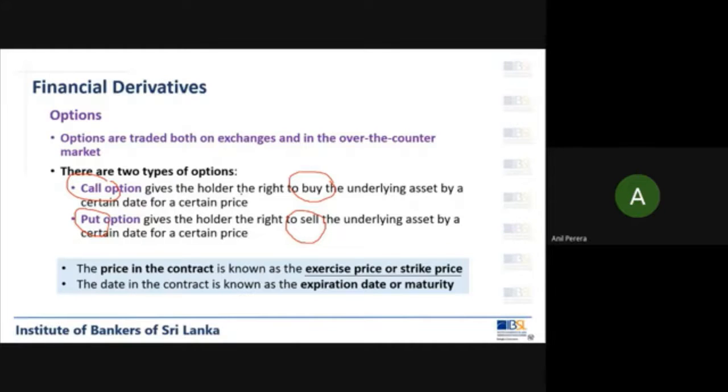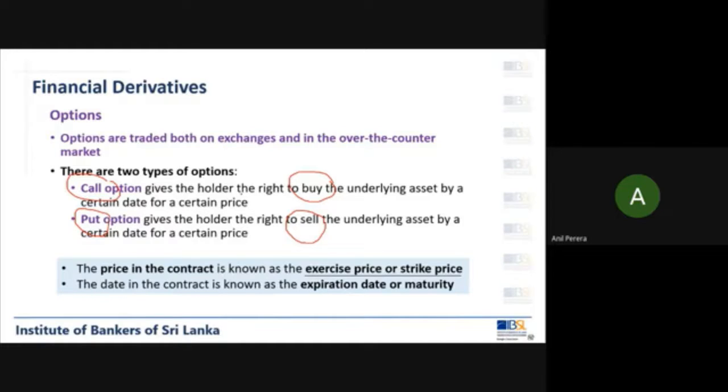So these two types of transactions happen in the market depending on the preferences and forecast of the financial market. Now you don't know about the future, no? You don't know exactly.